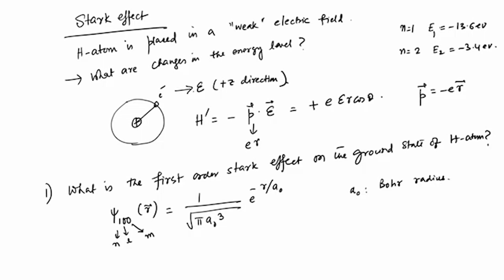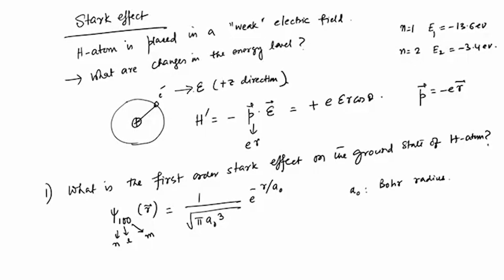In fact, you can use this and take a mod square of this, which gives you the probability density, and you can ask at what distance this probability density has a minimum value, or till what distance the hydrogenic wave function in its ground state is most likely to persist.